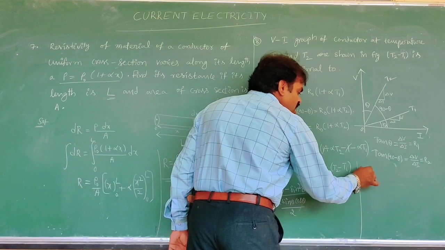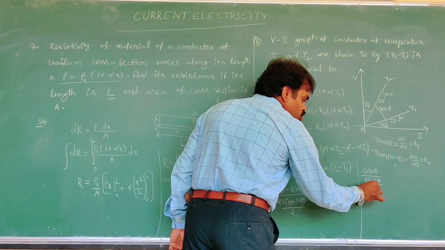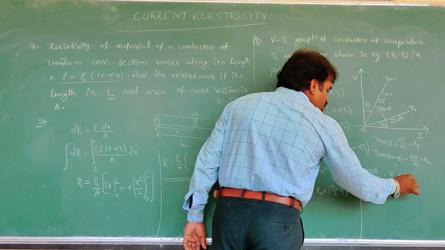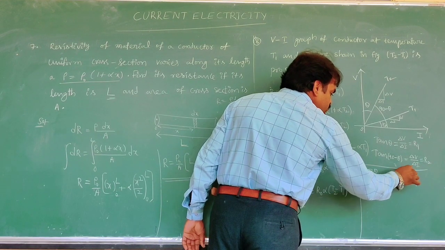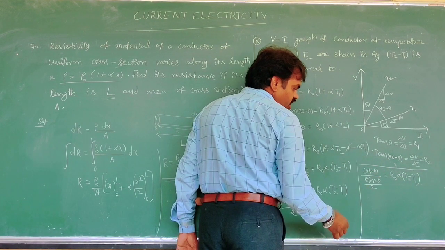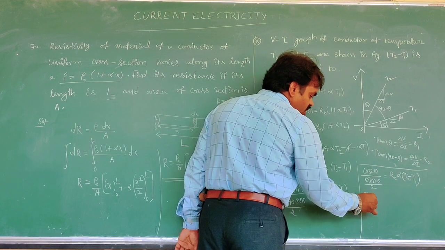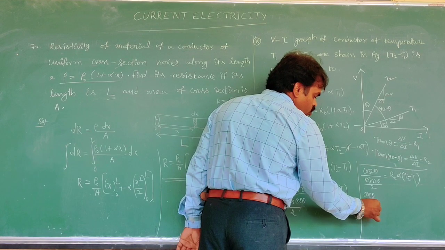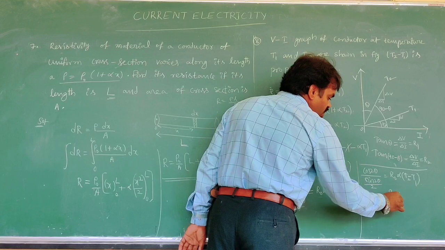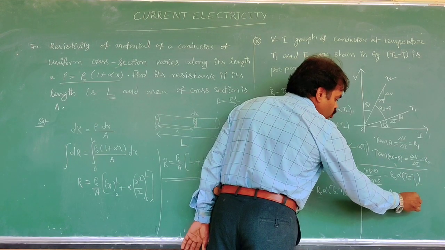That is cos 2 theta by sin 2 theta by 2 is equal to R naught alpha into T2 minus T1.